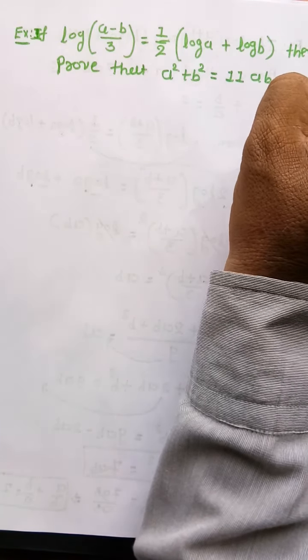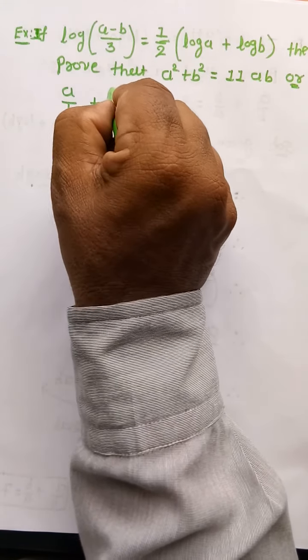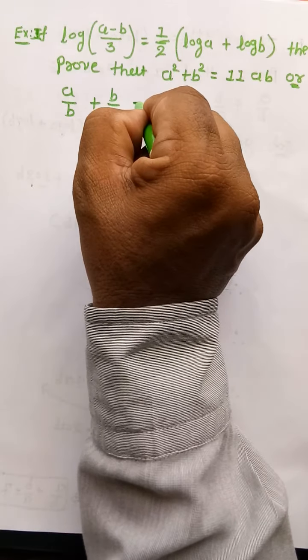Otherwise a by b plus b by a is equal to 11.